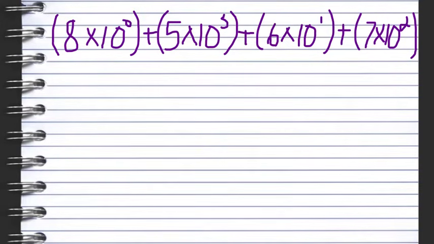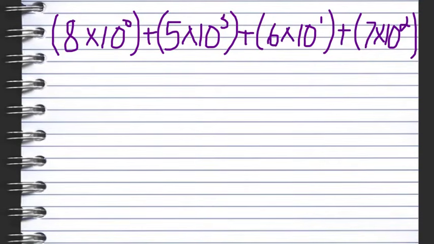Sometimes it's not always written in order. Now when you are writing your answers in expanded form, you should always be writing the powers in order. So if I had done this correctly, it'd be 3, 2, 1, 0. But instead it's 10 to the 0, 10 to the third, 10 to the first. So what I find really helpful with problems like this is to actually write down what they're worth.